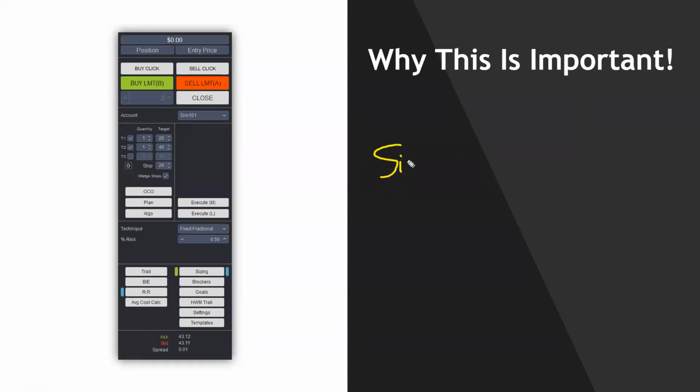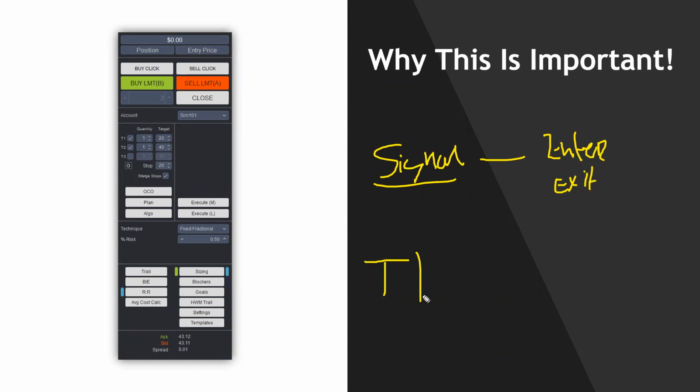There's signal indicators, which is like supply and demand, volume profile, volume analysis, signals, breakouts, all the stuff that tells you how to enter, okay, and exit, okay? Entry and exit. And then there's the trade management indicators.